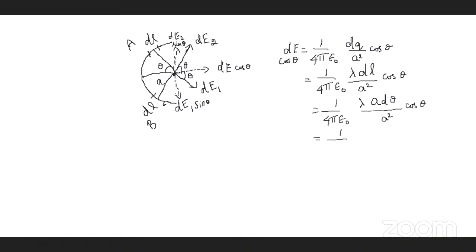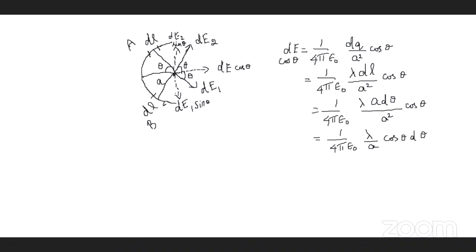So this is 1 by 4 pi epsilon 0, lambda by a, cos theta into d theta. This is the electric field due to the small element.